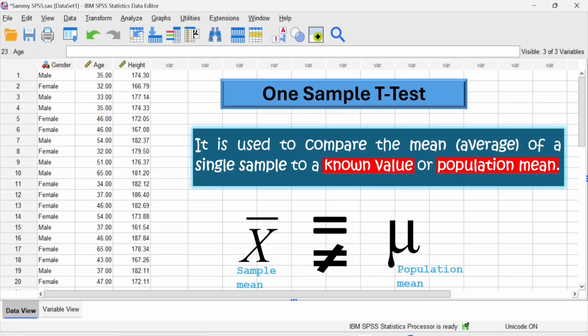The population mean is probably from a previous study and it has been established as the population mean. In our research, we took our own sample and we want to compare the mean of our sample to the population mean to see whether there's a significant difference or not. And the term population mean used here does not mean that when the previous study was conducted, the entire population was used.